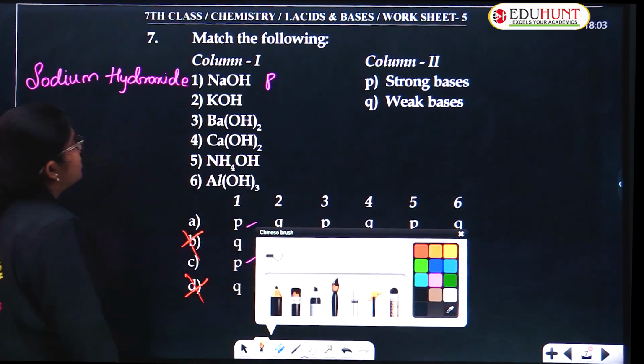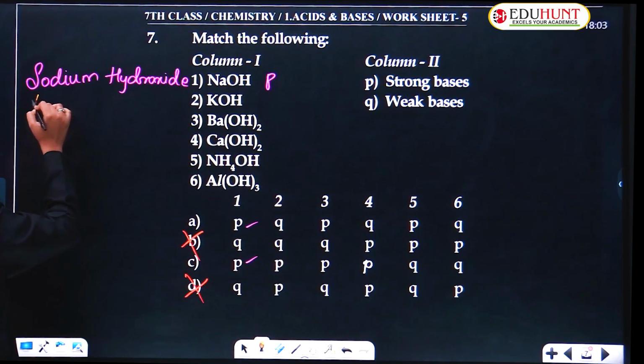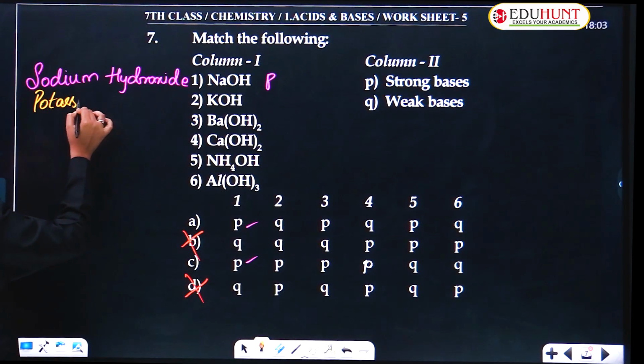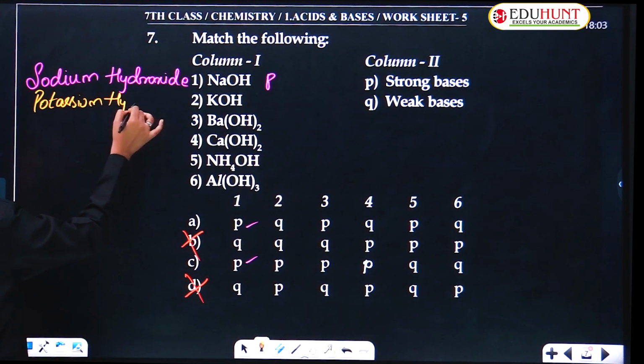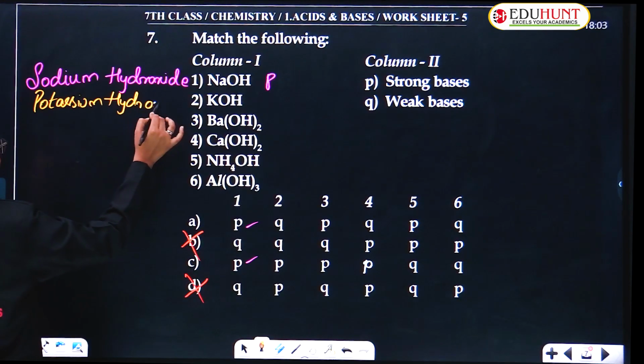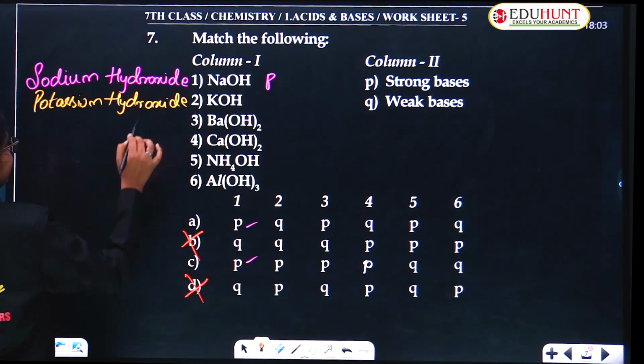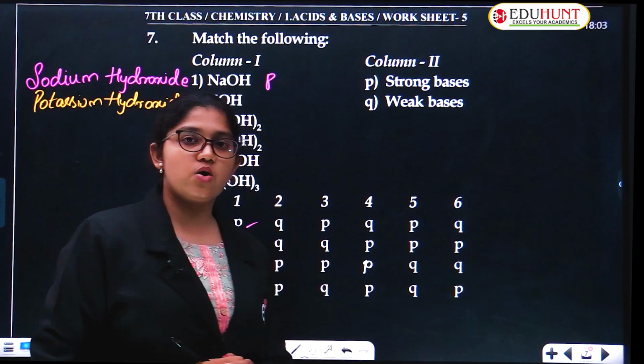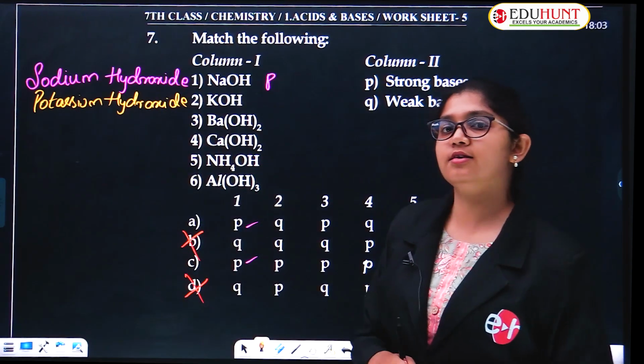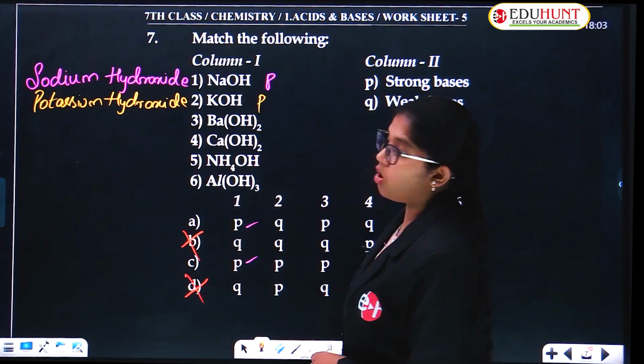Very good. Now KOH is called potassium hydroxide. And here, is potassium hydroxide a weak base or a strong base, children? It is also a strong base.